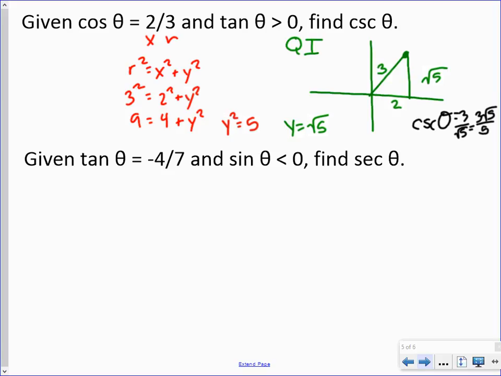What quadrant must we be in? Lillian says quadrant 4. Anybody second that? Lily seconds it. Okay, so we must be in quadrant 4.